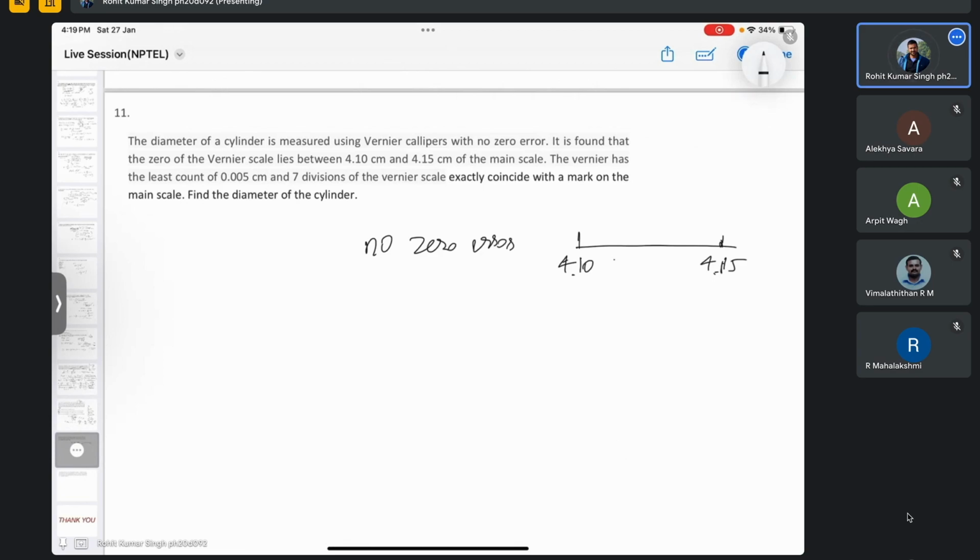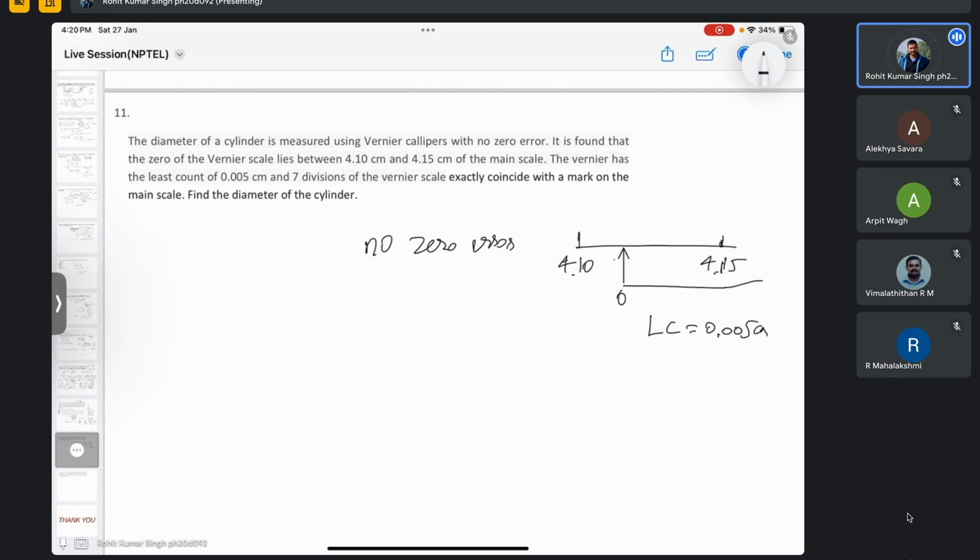And the zero of the vernier scale lies between these two. So suppose here your vernier scale lies. Okay, this is the zero of the vernier scale, and the vernier has a least count. So the least count is given 0.005 centimeter.